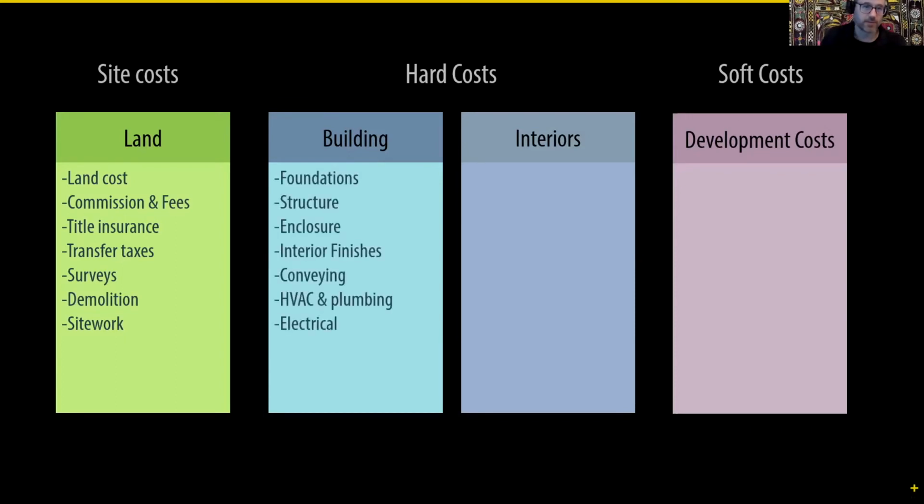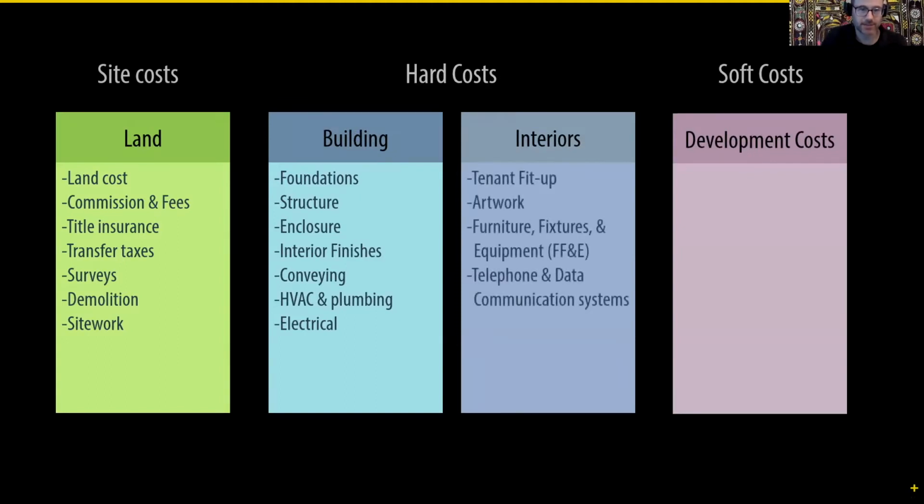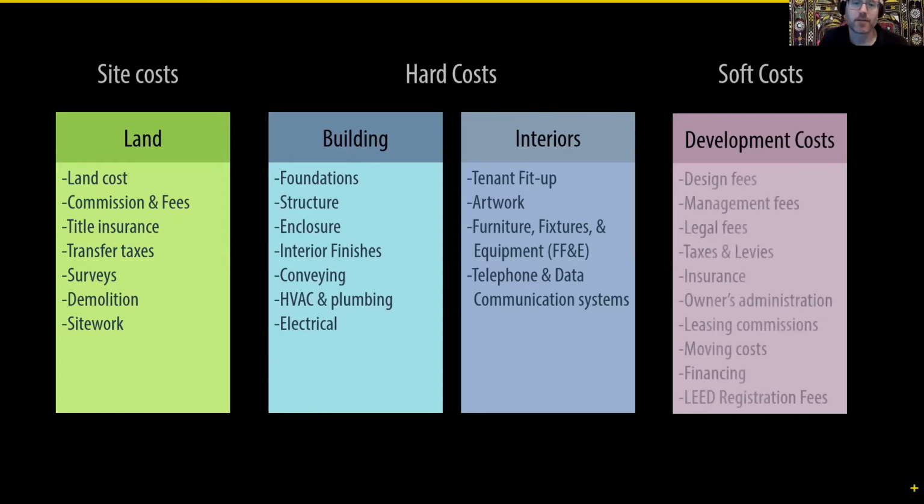Hard costs are the building and the interiors of the building, so all those building construction elements. And when we get into interiors, things like tenant fit ups or all the communication systems or the furniture. And then soft costs are another factor: fees to design and manage the project, legal fees, taxes, insurance, owner's own administration costs, leasing commissions, moving costs, financing, and lead registration fees or other kinds of registration fees.